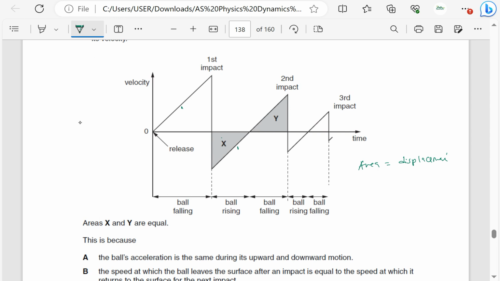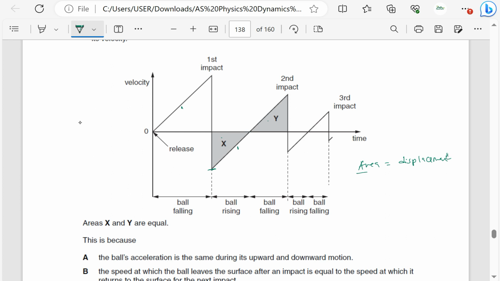So if this area is the same as this, it means the ball moves back to the same height from which it moved.